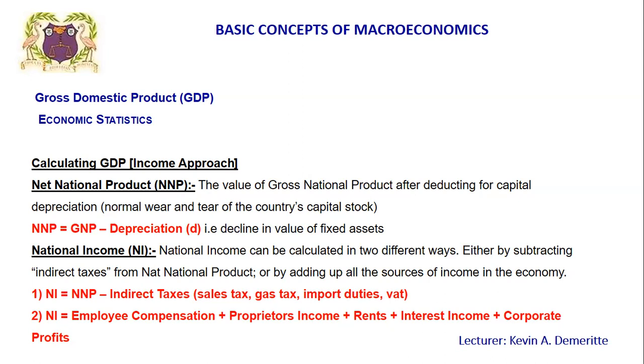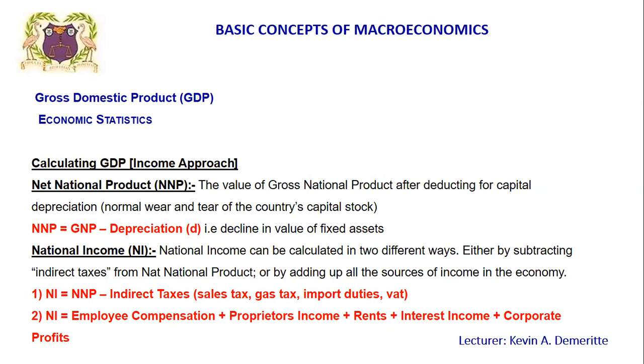You own a business, this is the money you make from your business, proprietor's income. Then it's rents. You have apartments, condos, duplexes, triplexes, you have stuff on rent, income earned from those rental properties. You add that, obviously, it counts as part of the income of the country.